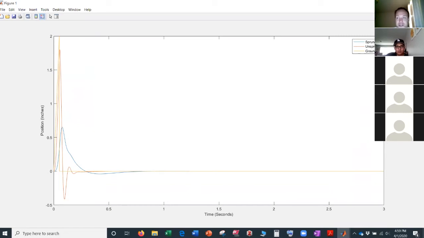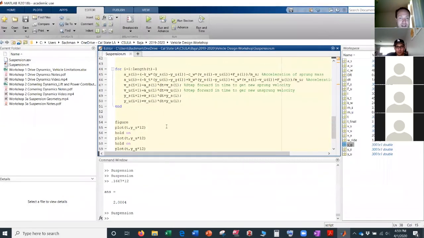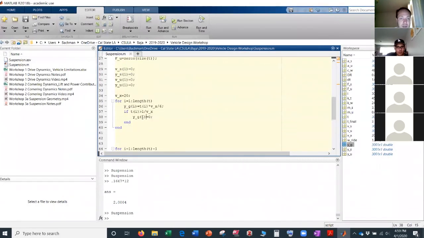Let's go a little crazier. Let's send her off a big ramp. So we'll make this deeper. I'll make this divide by 3, and let's make this 3 feet.